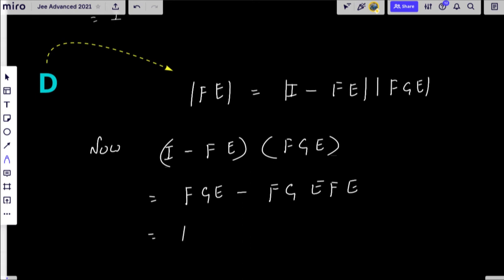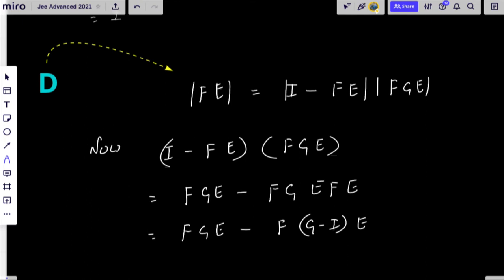We say FGE, copy it as this, and instead of this we say GEF. For this GEF, we write G minus I as from previous.